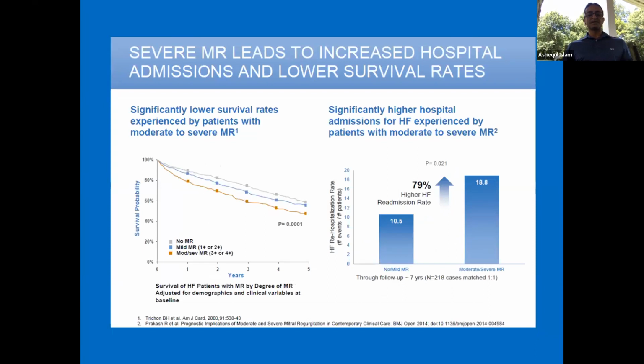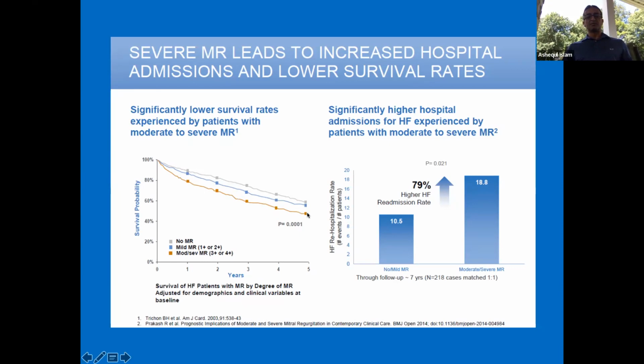In heart failure patients, as I said before, there are significantly lower survival rates according to the degree of MR. This has been shown over and over again in ischemic as well as non-ischemic MR. Anywhere between moderate to severe MR has significant risk of mortality at 5 years, almost 50%.